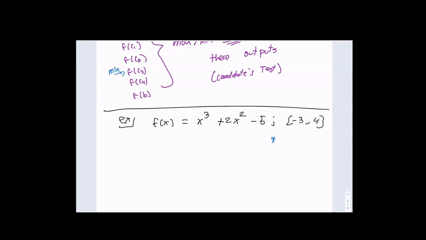Yes, thank you. This is continuous for actually all real numbers because it's a polynomial. So therefore, it is continuous from -3 to 4.